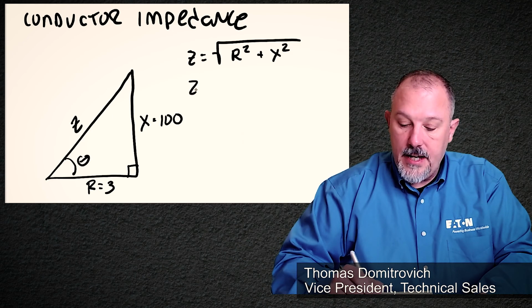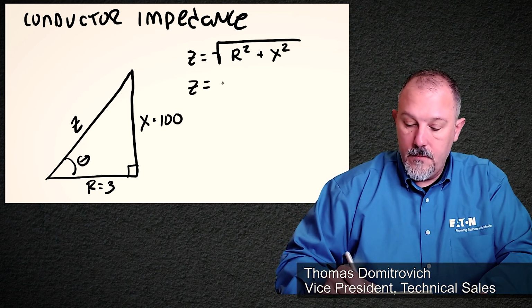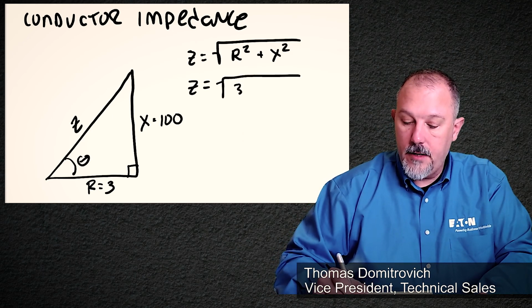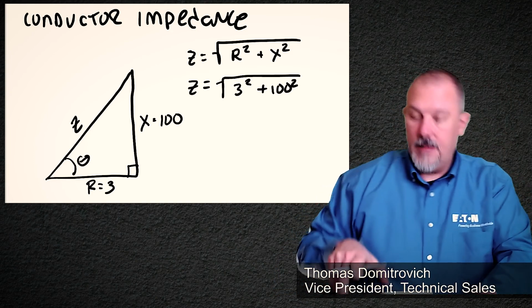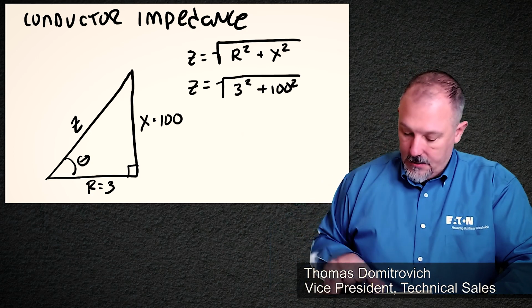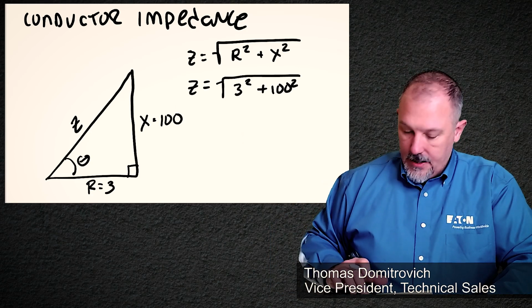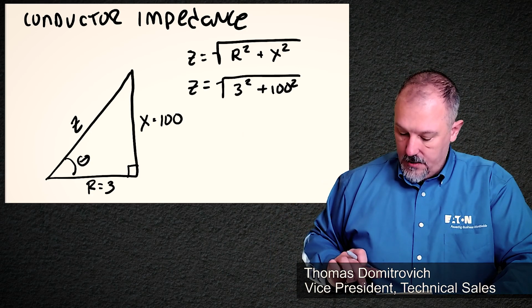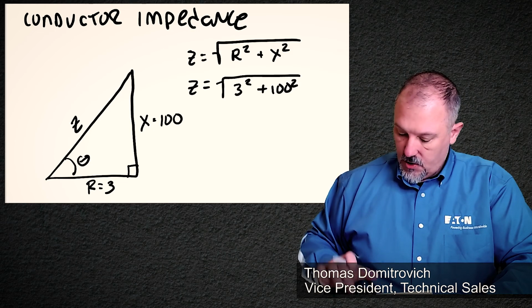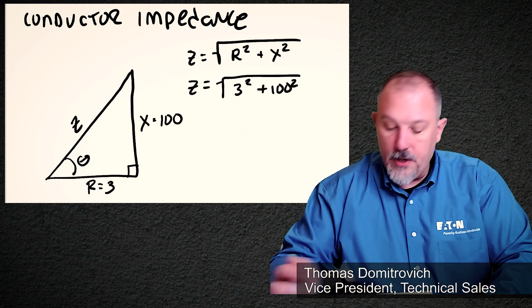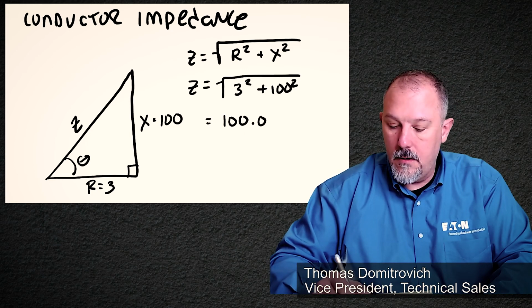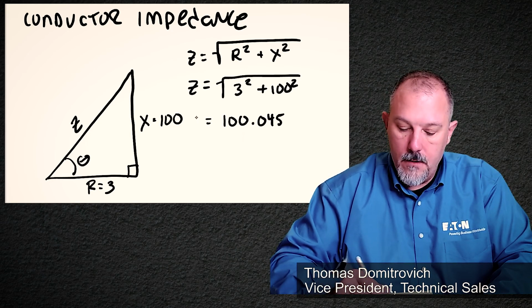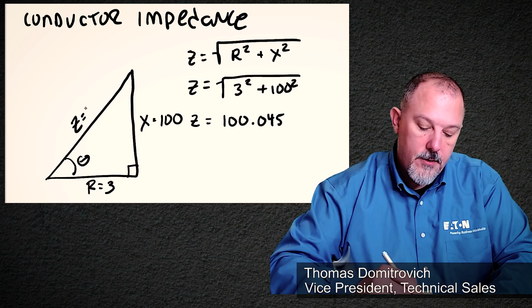So Z in this case is equal to the square root of 3 squared plus 100 squared. I'm going to do that on my calculator. That would be 9 plus 100 squared. The square root is 100.045. So Z is 100.045.